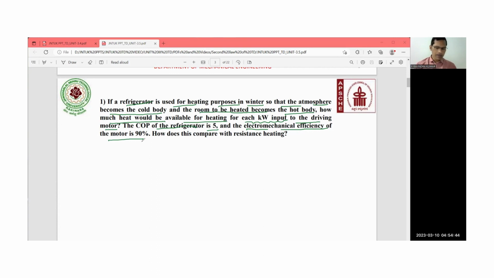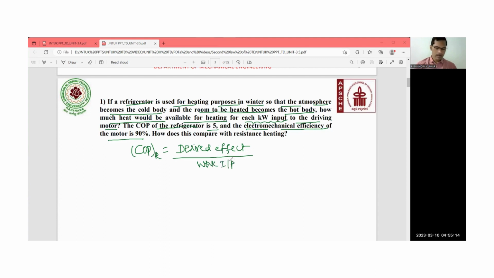So in this particular problem, what is the coefficient of performance of a refrigerator? The coefficient of performance of the refrigerator is defined as the ratio of desired effect to the work spent, to the work input.